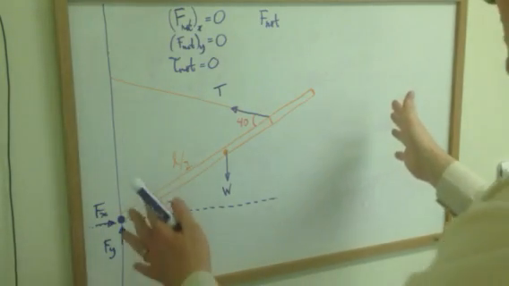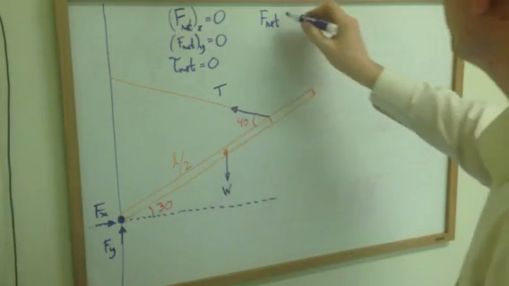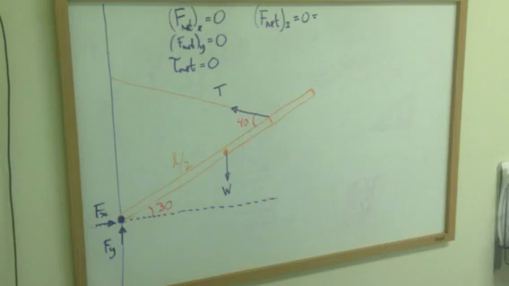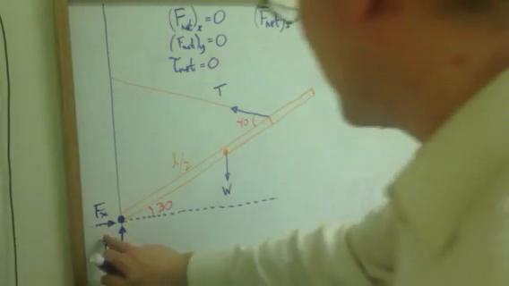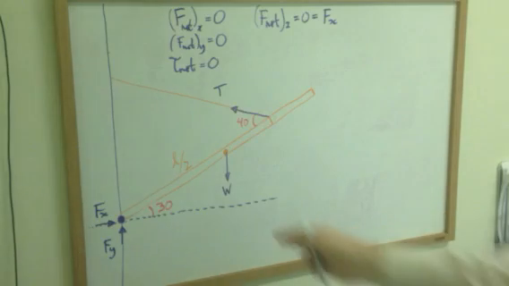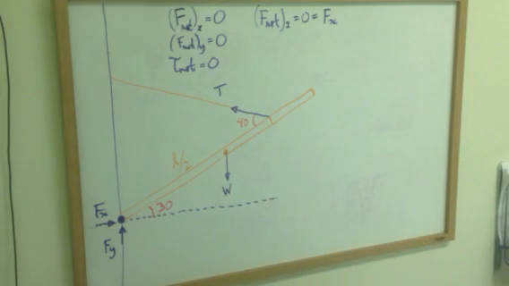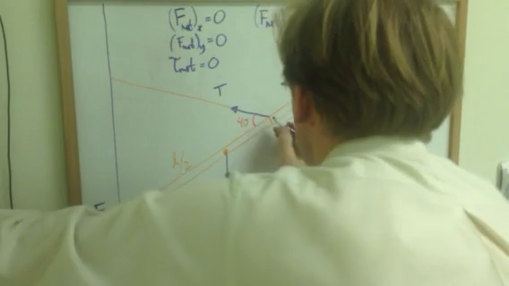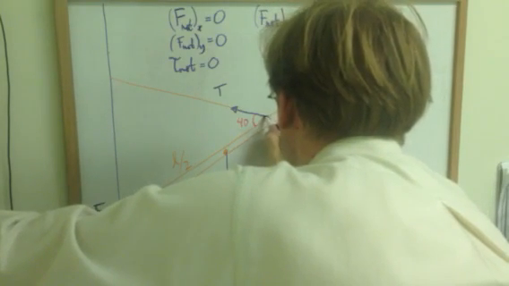But it's not slipping to the side, so we know the net force in the x direction is equal to 0. And the forces in the x direction, well, there's Fx pushing it out. W has no force in the x direction, but this tension is doing two things.